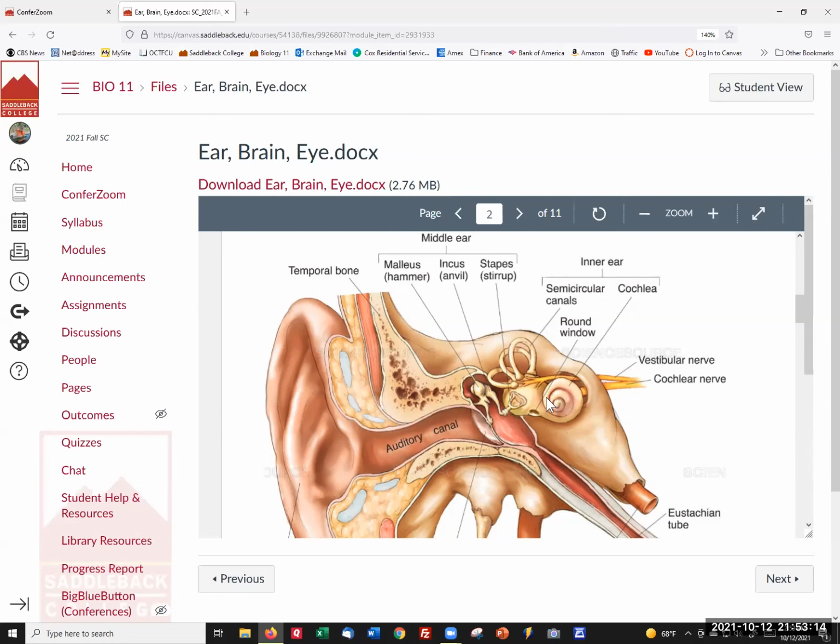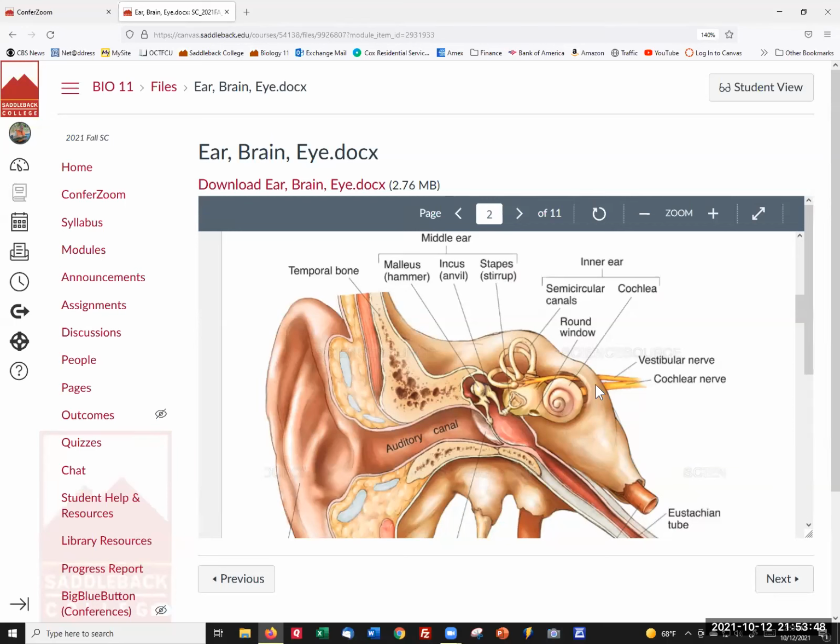This snail-like structure is the cochlea, and it has the sound receptors. So as the stapes vibrates against the vestibule innumerable times per second, it will elicit a discharge from some of the receptors in the cochlea, which send that information to the brain.